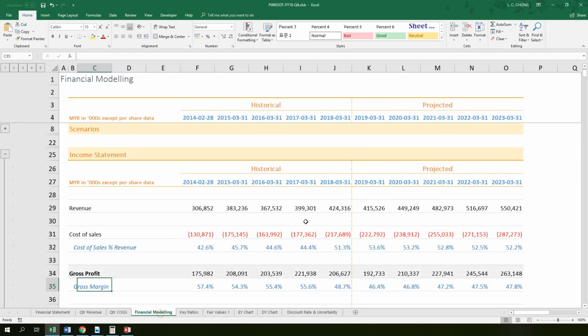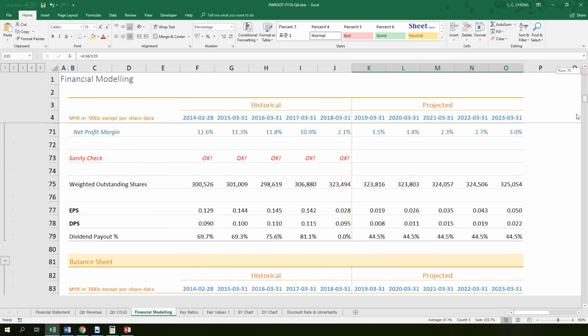Alright, let's go to my financial modeling. I'm not confident with my forecasting, mainly because I'm not sure whether the 48.7% gross margin will be a norm or just a temporary issue. Assume Power Root's gross margin in the next 5 years ranges from 46% to 48%.